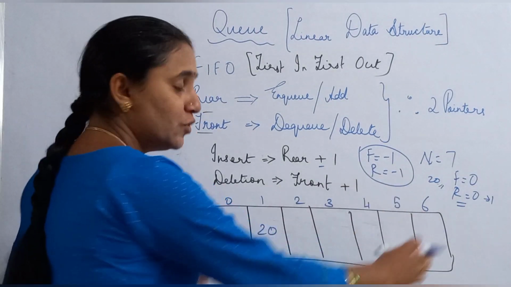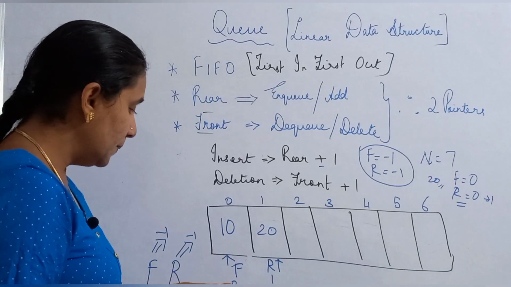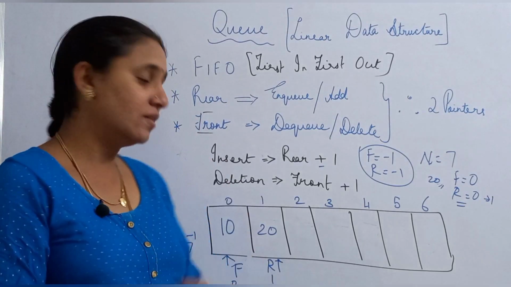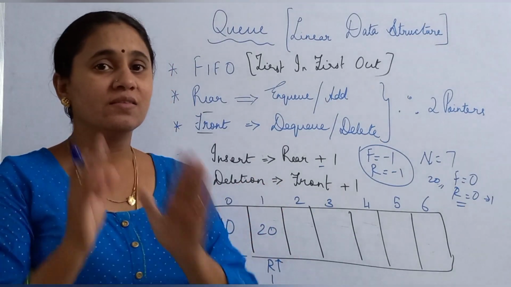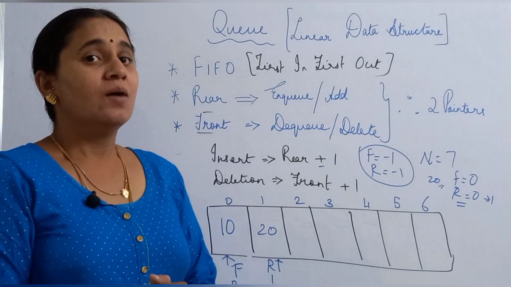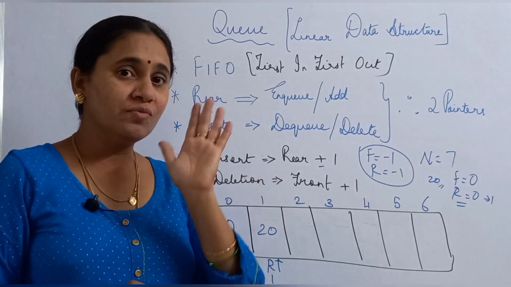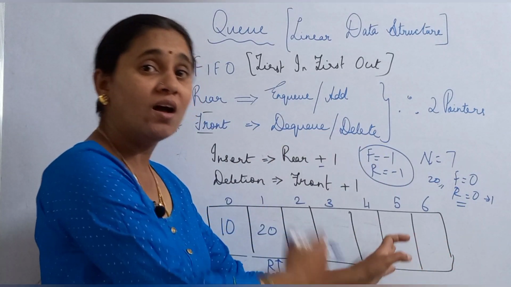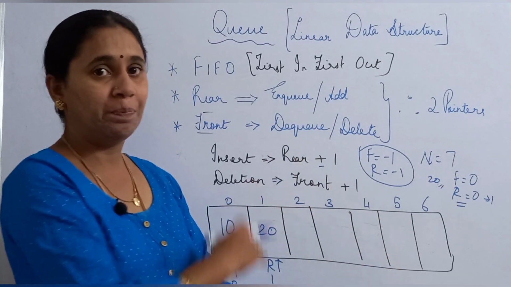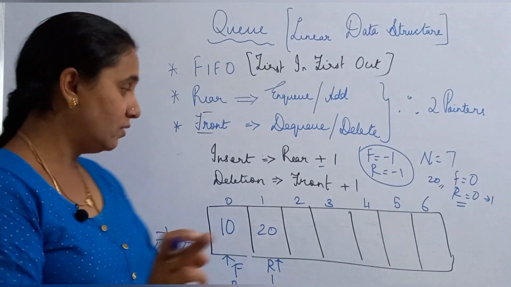Okay, so now if you visualize this structure, you will be able to clearly understand that the front element is 10, the last element is 20. Okay, because front is always pointing to the first element, rear is going to add the subsequent last elements that are going to come. Okay friends, clearly understand.